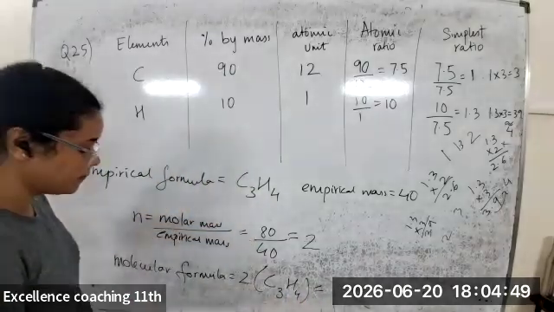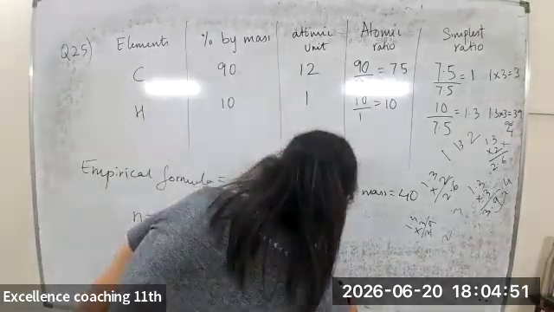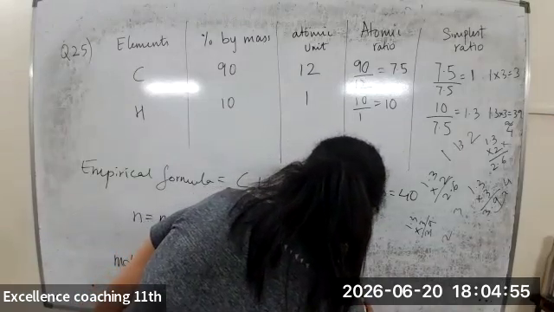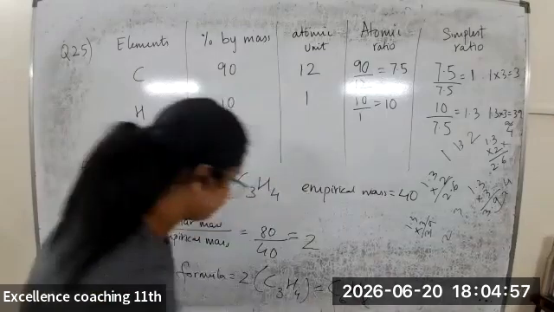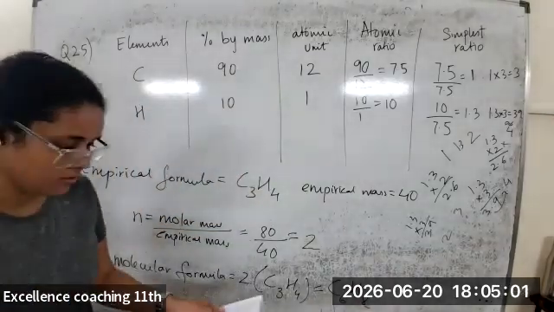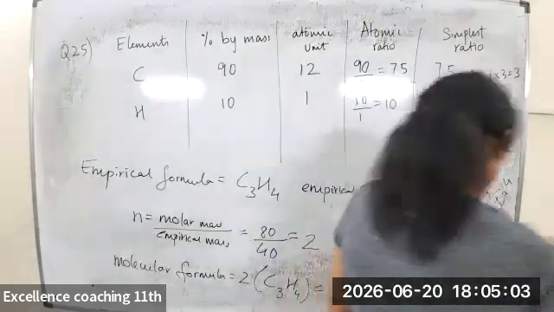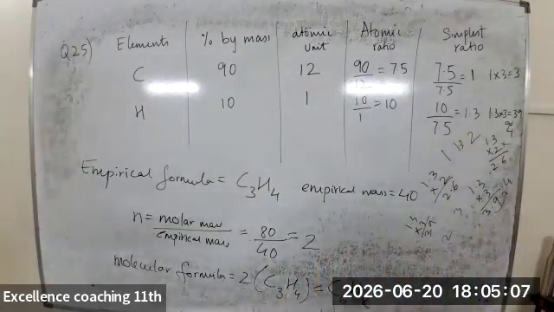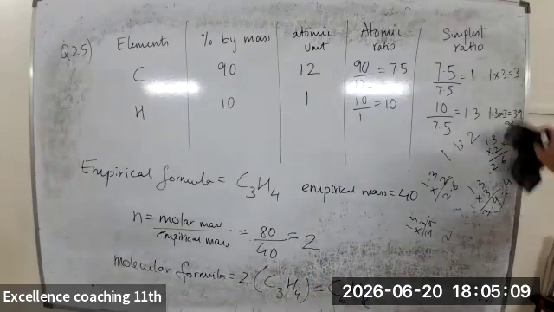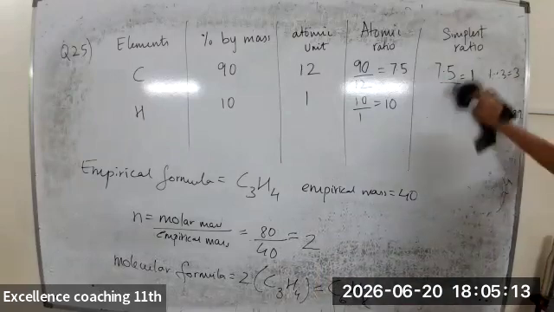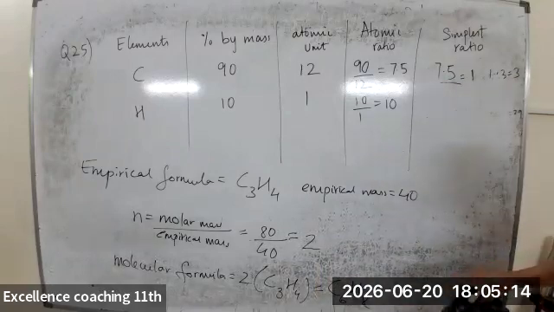So how much will it come? C6H8. So basically your molecular formula will be C6H8.